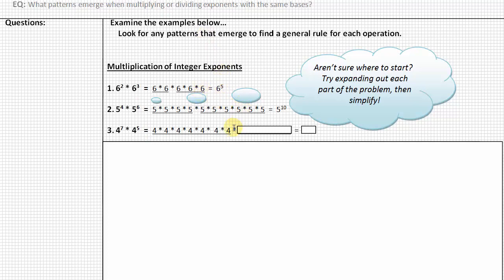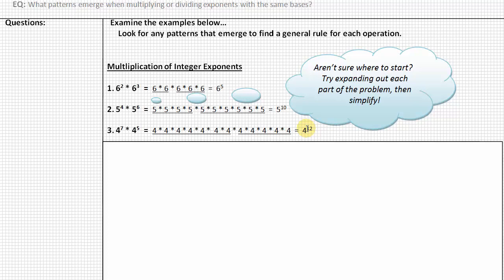And we multiply that by 4 to the 5th power, which is 4 multiplied by itself 5 times. When we expand it out, we see that we're multiplying 4 by itself 12 times. So that means we can take 4 to the 7th power times 4 to the 5th power and simplify it down to 4 to the 12th power.